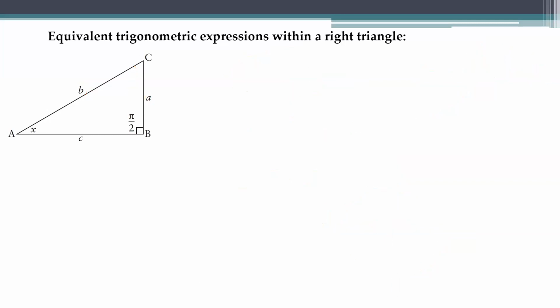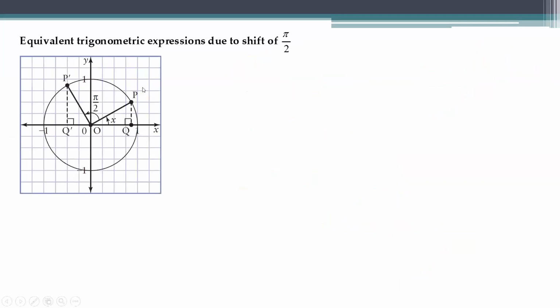Here, if you look on the unit circle, as shown, we're going to realize equivalent trigonometric expressions due to a shift of pi over 2. You see that here's the first point with an angle x that is less than 90 degrees, and the second angle is pi over 2 more clockwise.